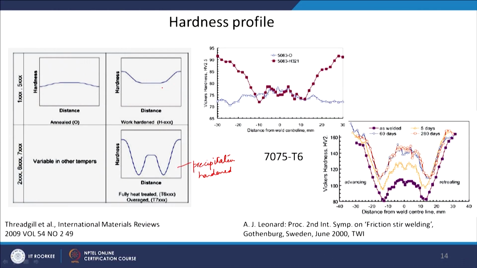So, if you have work hardened material, okay, there also the strength or hardness of the material will come down in the process zone because of the removal of dislocations through recovery and recrystallization processes. Okay. So, again hardness is coming down.